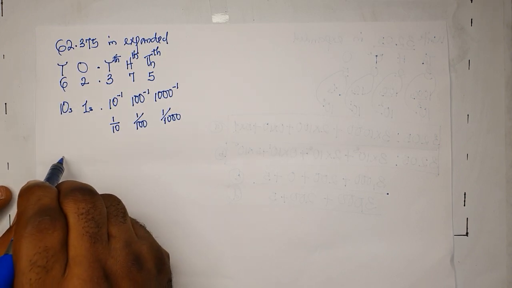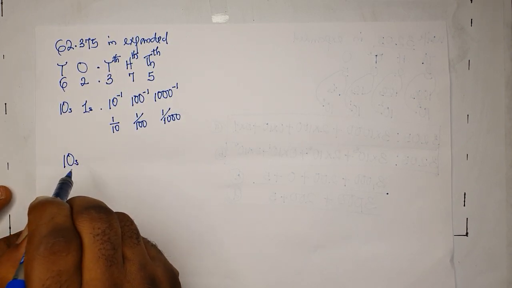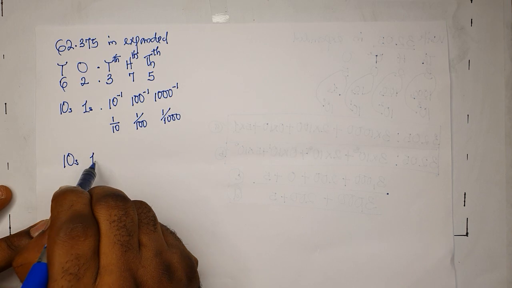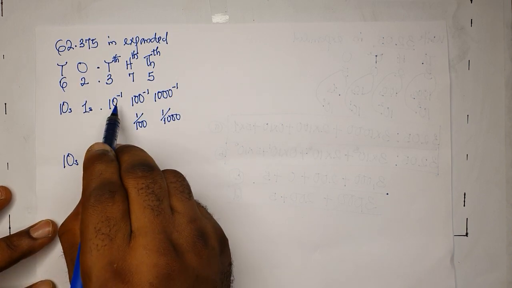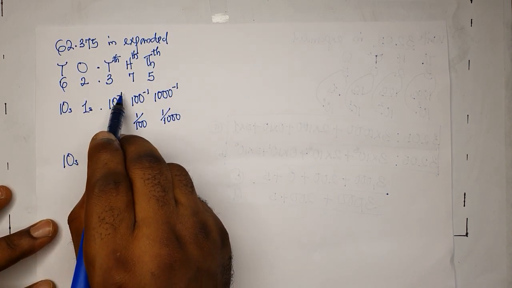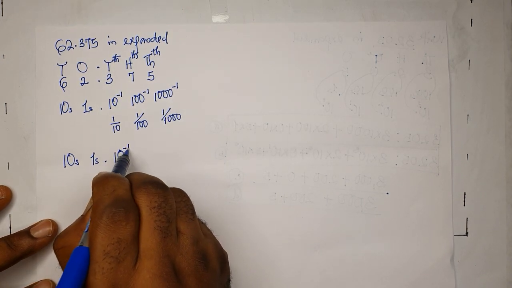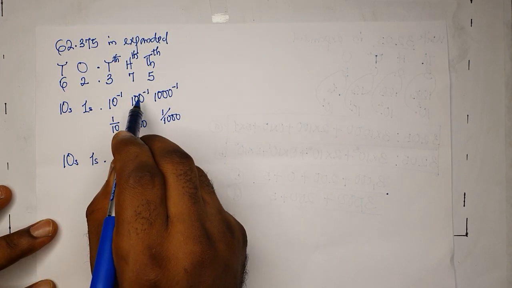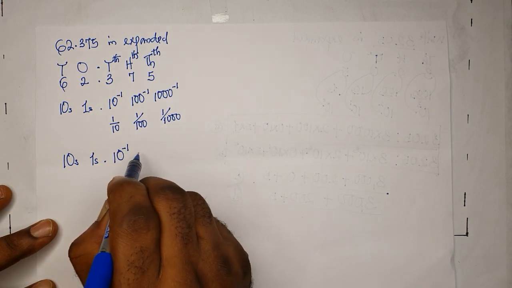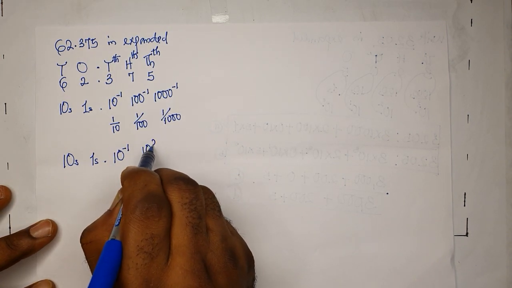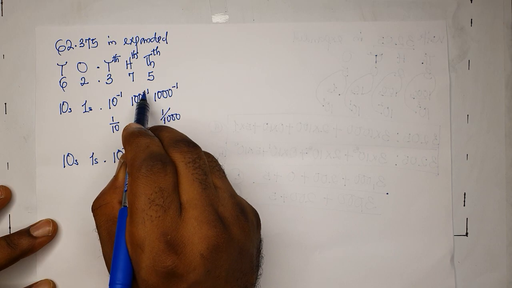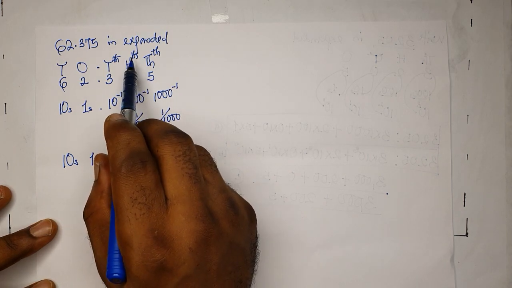Bringing down to the next line, tens place is written as tens. Ones place is this point. Now take a look at this. This is 10 to the power of negative 1, which represents itself down here. 100 is represented as 10 squared. Remember that. 10 squared. But it already has a negative 1 because it's in the hundredth place.